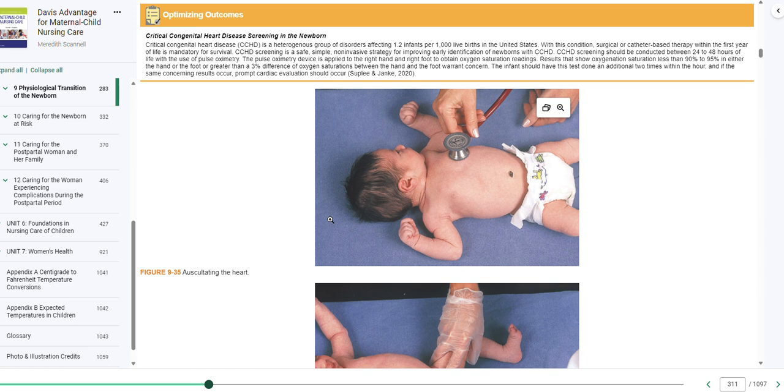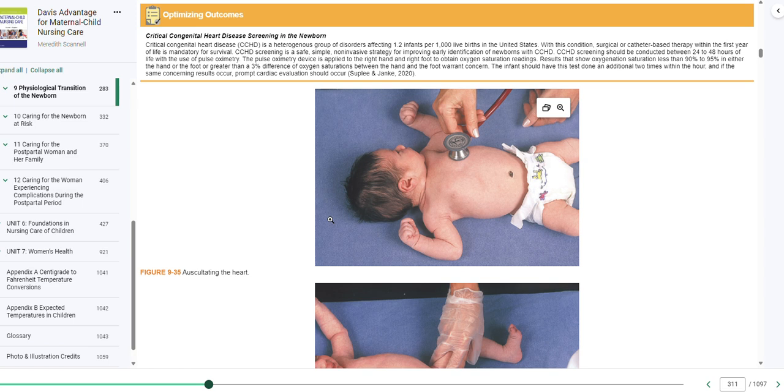There are critical congenital heart disease screenings, CCHD. You will see that, or have seen that, on your clinical paperwork. This is a condition where the baby is tested to see the oxygen level and make sure the baby has accurate oxygen all over the body.